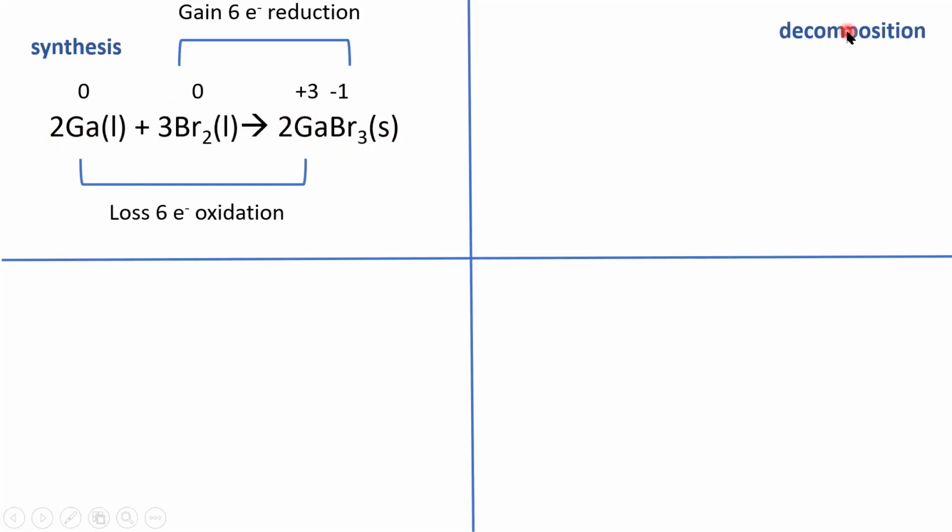Decomposition is an example of a redox reaction. It's actually kind of the reverse of a synthesis reaction. In a decomposition reaction, we have one reactant that we break down.